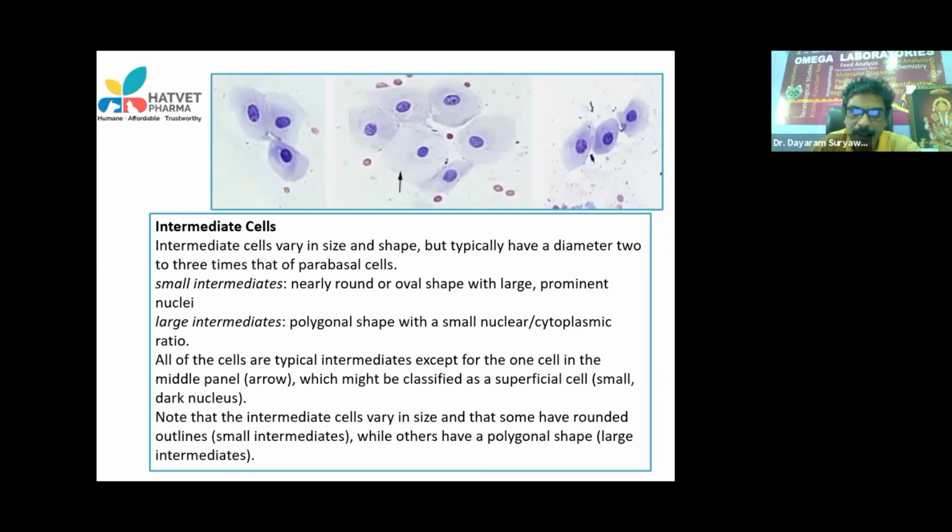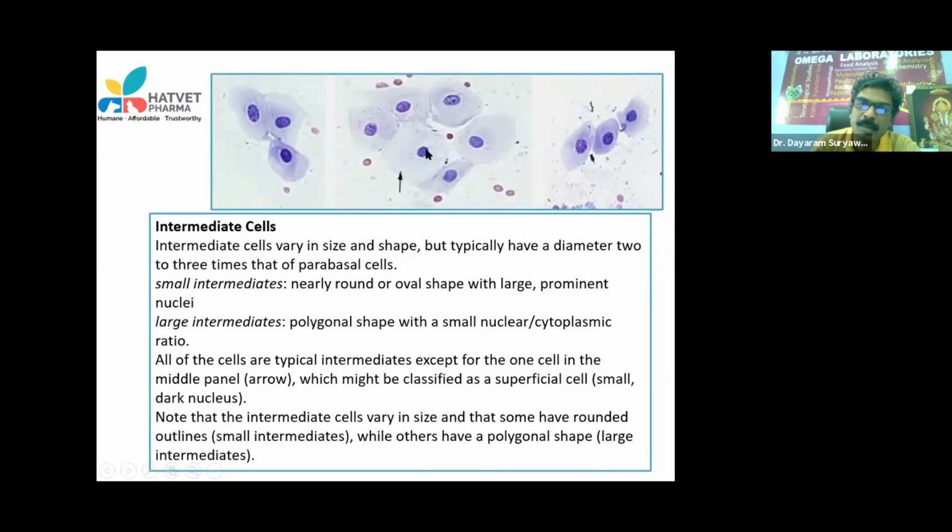All these cells are typically intermediate except the cell indicated by the arrow. This one cell is a superficial cell. If you compare the cells, 1, 2, 3, 4, 5, 6, there are 6 cells. All these are intermediate cells, but this one, compare the two cells together.